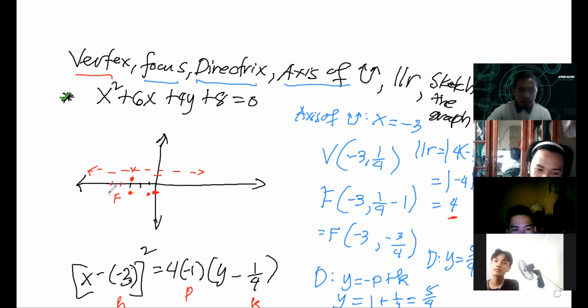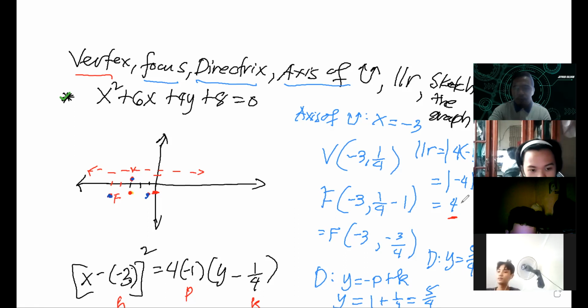So it must be this point. So your parabola must pass through these points, right? This is 2 units, 2 units. If you combine, that is 4 units, the length of your latus rectum. And your graph now will look like this.